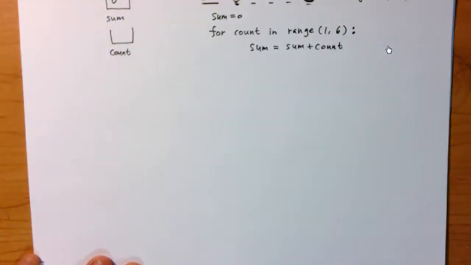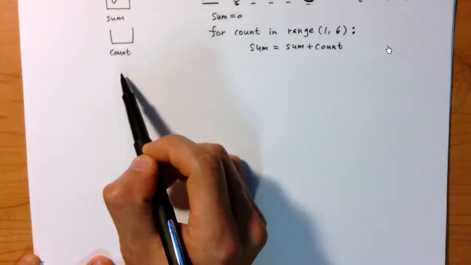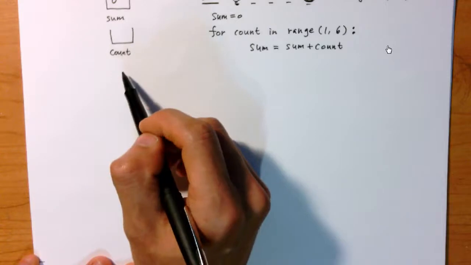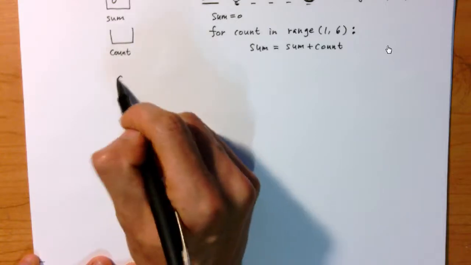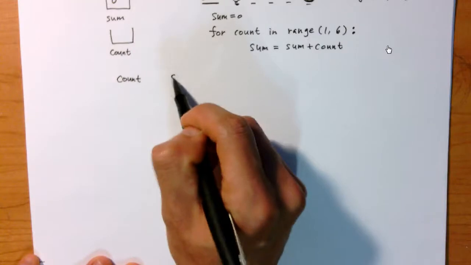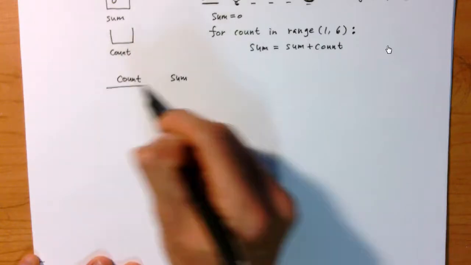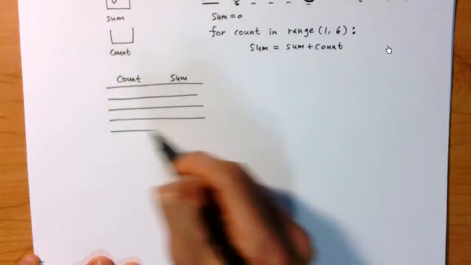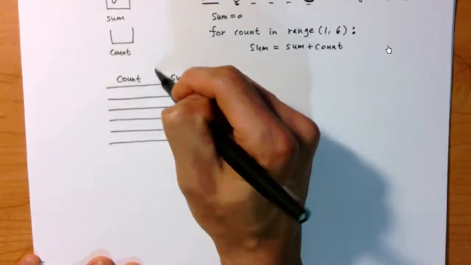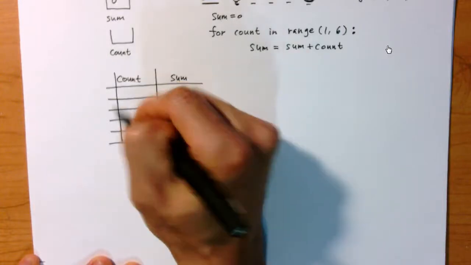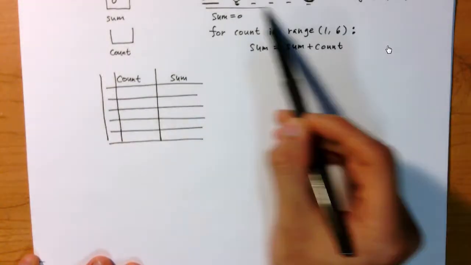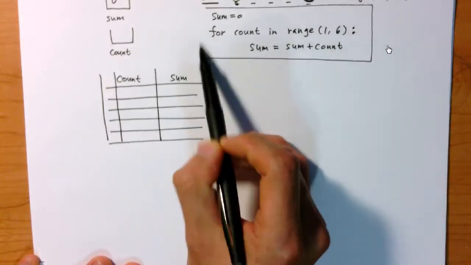So let's see. I need to draw the table. I'll say count and then the sum. Okay, so let's follow this for loop.